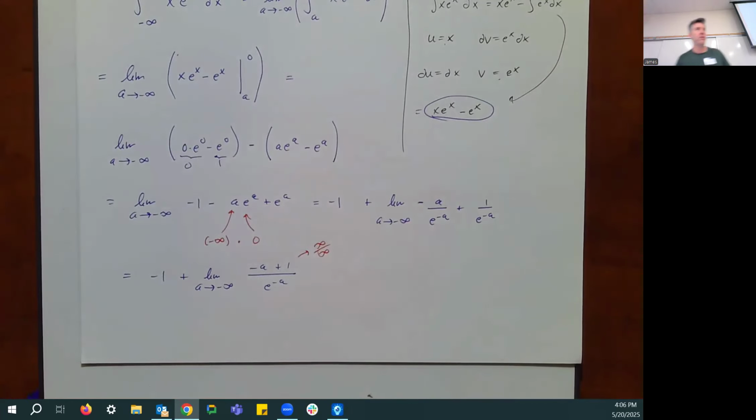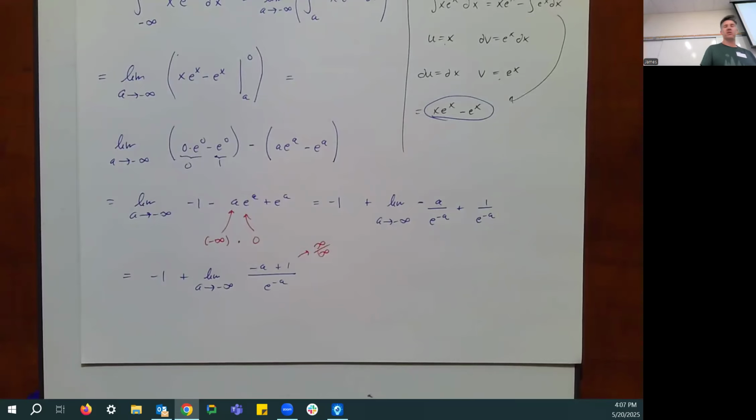Now, some people, especially in other classes where they don't use L'Hopital's rule as much, sometimes professors say, you know what? You could probably convince yourself that the denominator is getting bigger way faster than the numerator because the denominator is an exponential function and the numerator is a linear function. And if you've ever graphed those things, you know an exponential function gets bigger so much faster than the linear function.